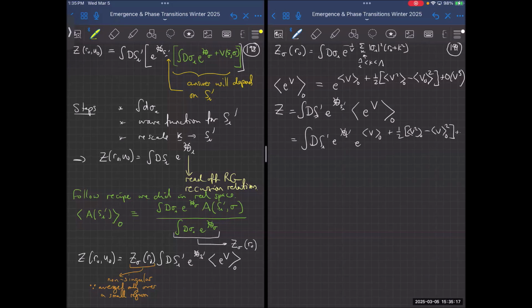So that's what my partition function is, and then from this I could read off what our effective free energy is. So we're going to do this integral.